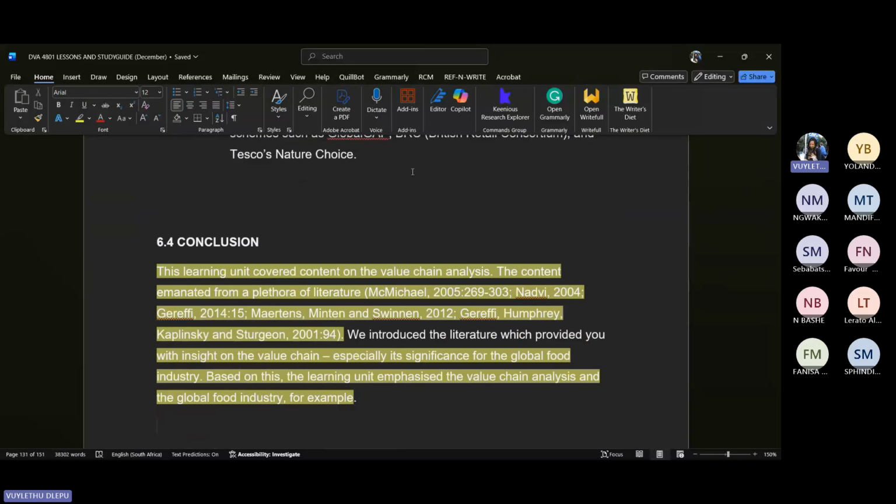We provided you with key insight on the value chain, especially its significance for the global food industry. The learning unit emphasized value chain analysis and the global food industry.